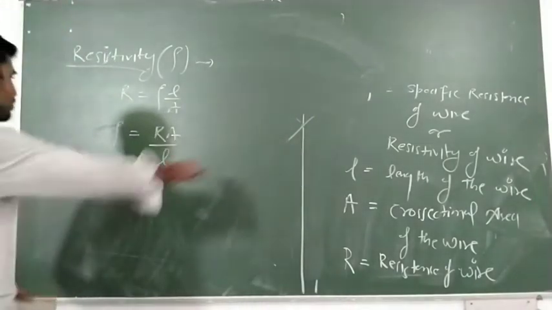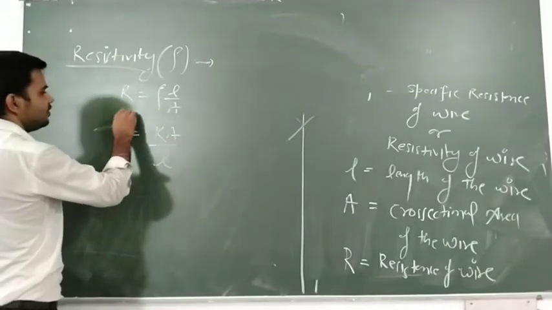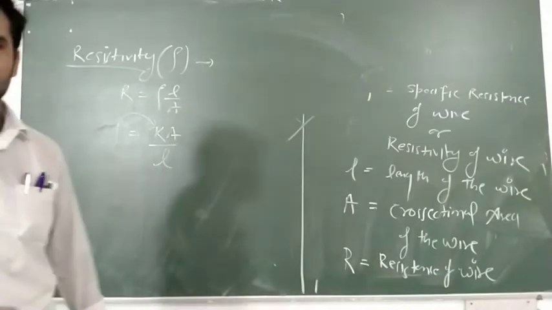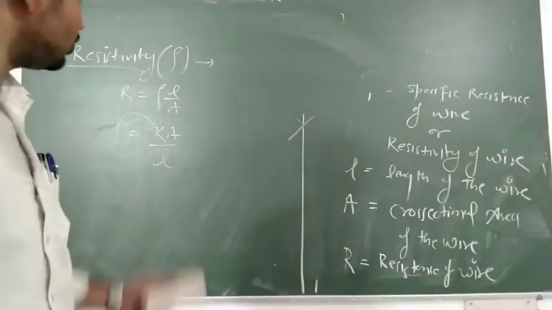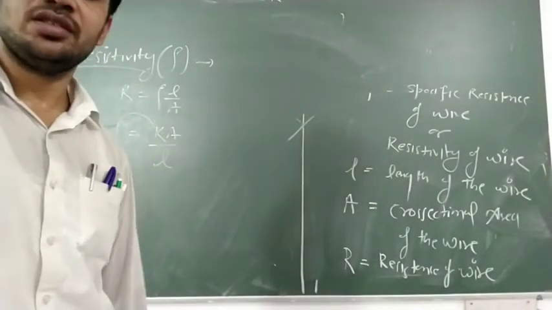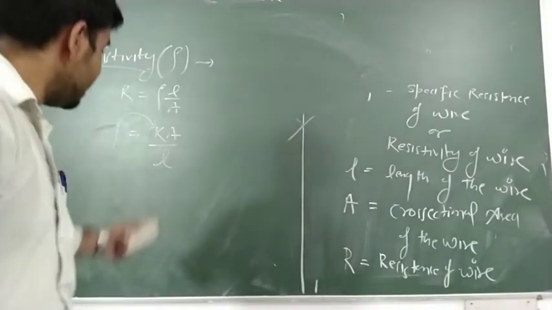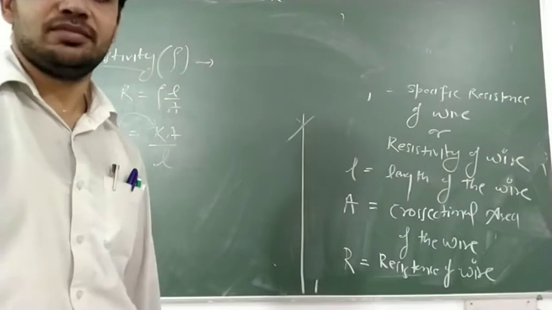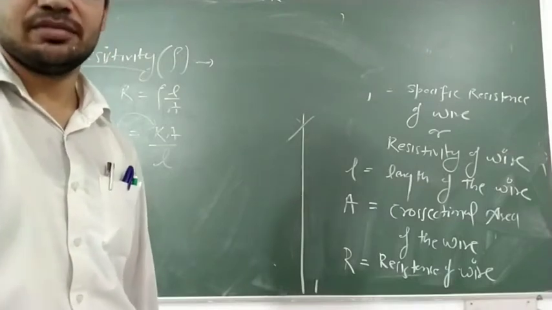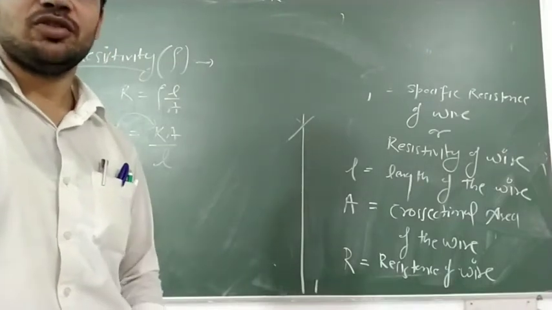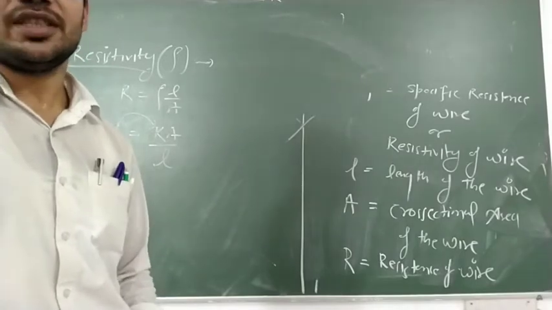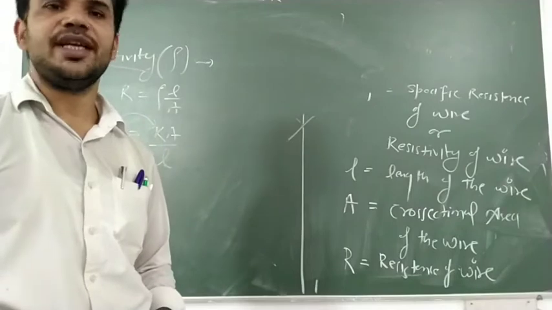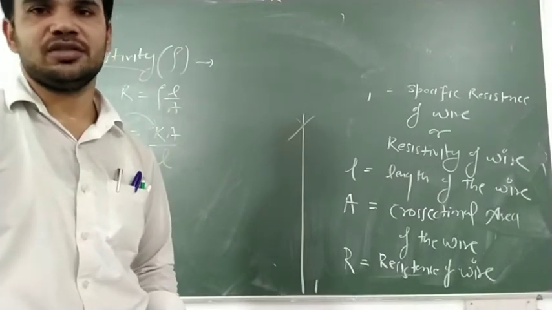Now we are going to define this resistivity in terms of resistance. But for that we have to assume this cross sectional area as unit, as 1, and this length as unit, means 1. 1 means you can say 1 meter, 1 centimeter. This is a physical or mathematical rule for the definition of any constant physical quantities.